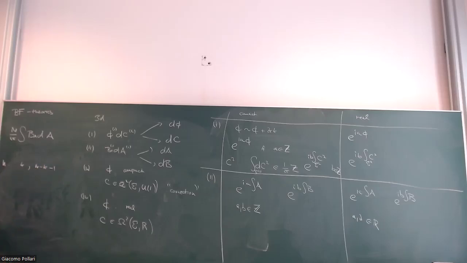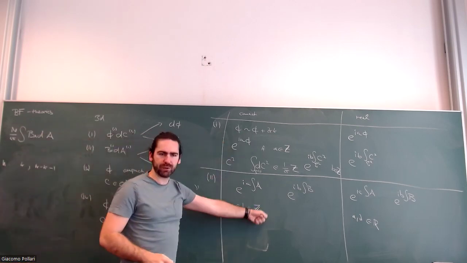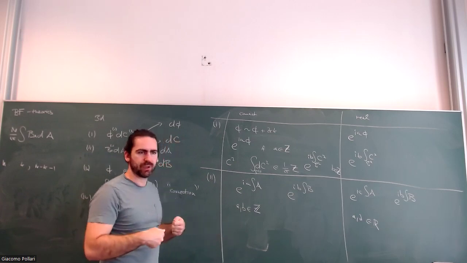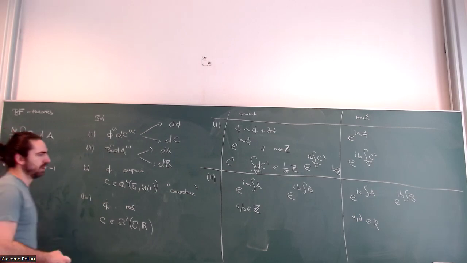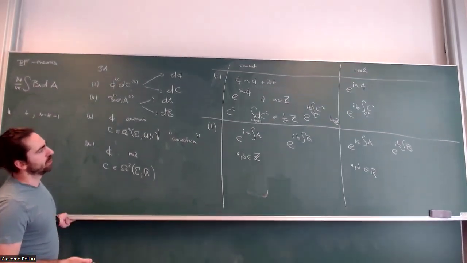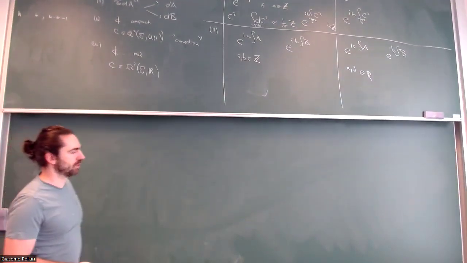Every time I move these surfaces, or these points, or these lines, I can wiggle them as long as I don't cross any other insertion. They're all topological operators. So these theories are very simple: they have just a bunch of topological operators, but they're not fully trivial. They're almost trivial. We'll look at how nontrivial or trivial they are.